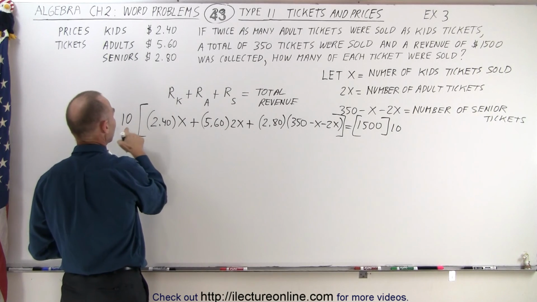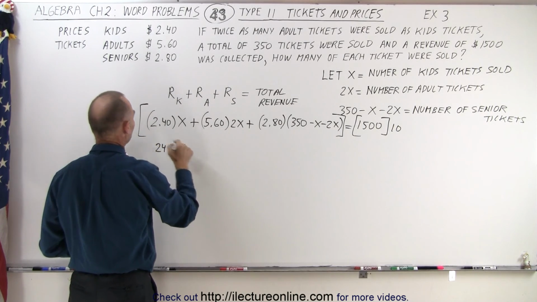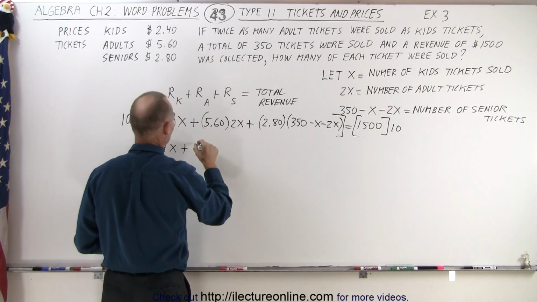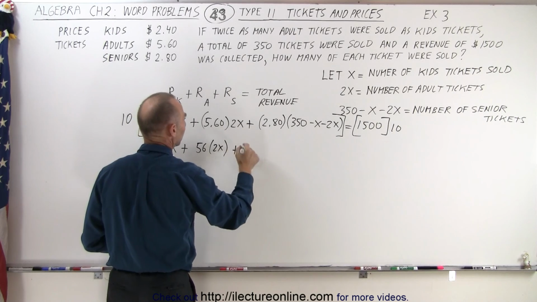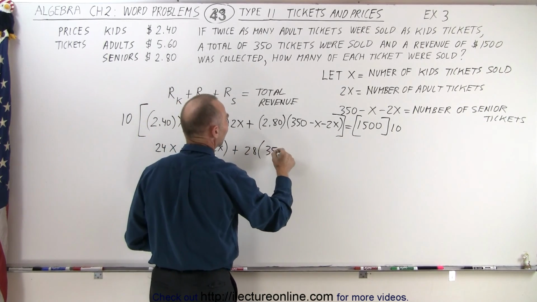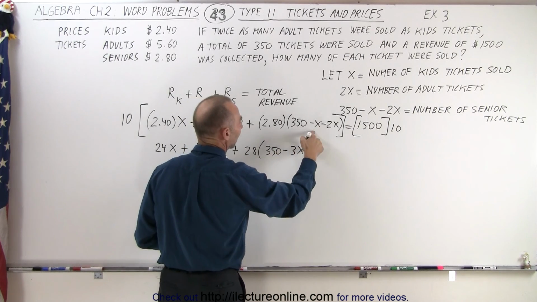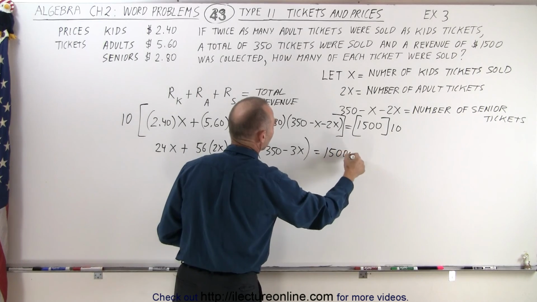So in this case, 10 times 2.4 gives us 24 times x, plus 10 times 5.6 is 56 times 2x, plus that will become 28 times 350 minus 3x, minus x minus 2x is minus 3x, is equal to 15,000.